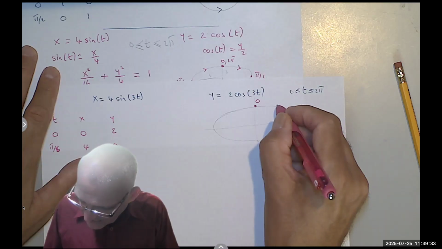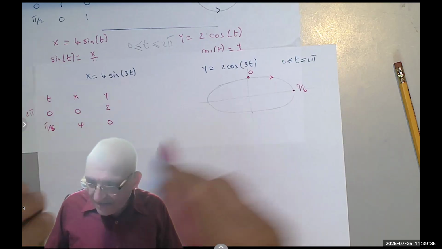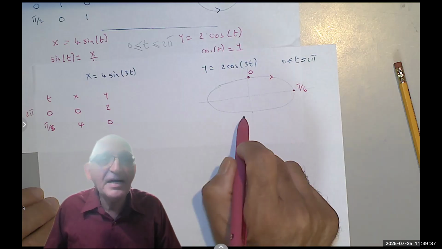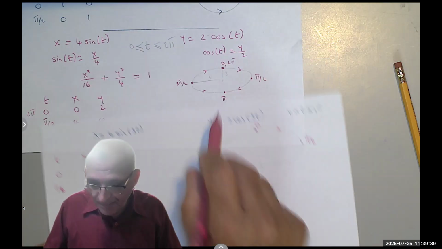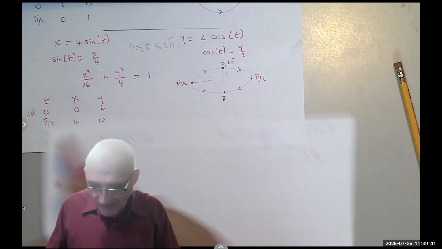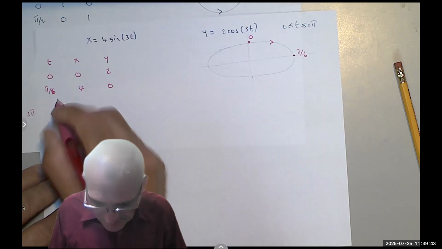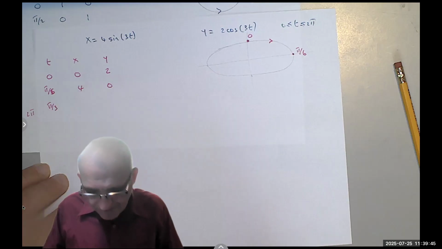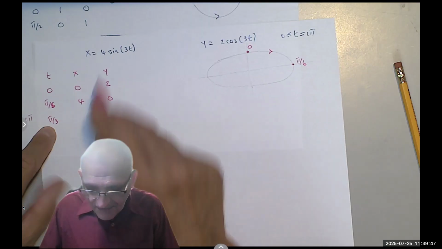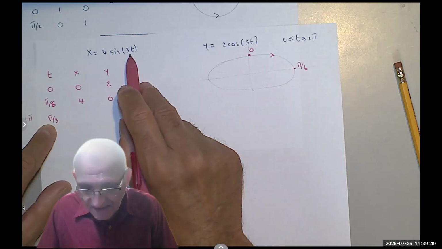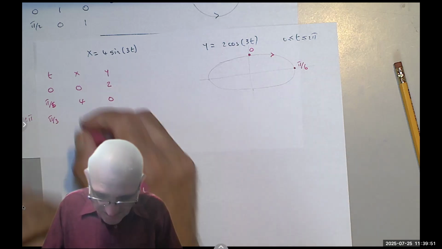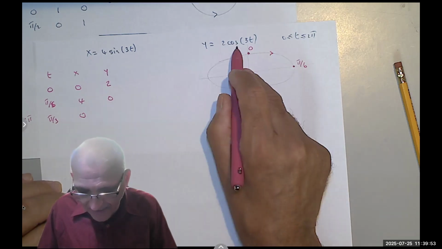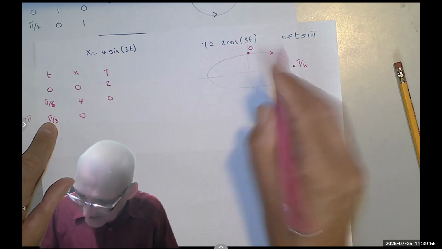So I'm moving in this direction. And now I will be incrementing by pi over 6 every time, not pi over 2. So 2 pi over 6, meaning pi over 3, will give me 3 times that is pi. Sine pi is 0, but cosine pi is -1 times 2 is -2.